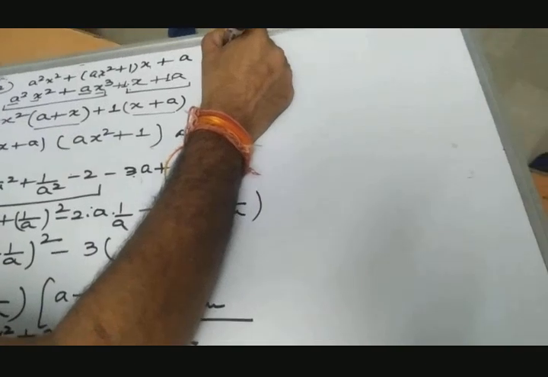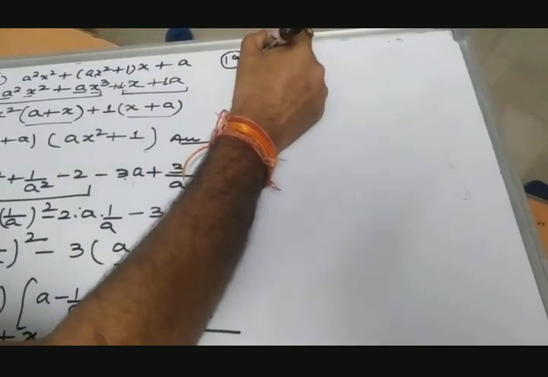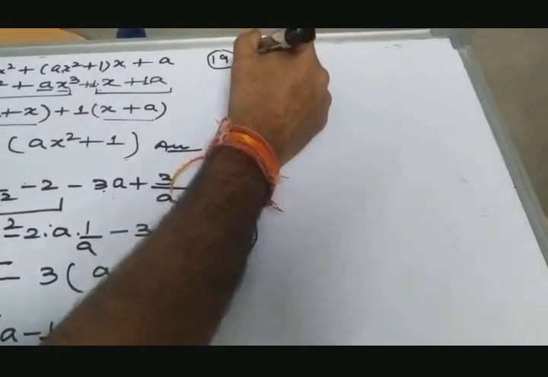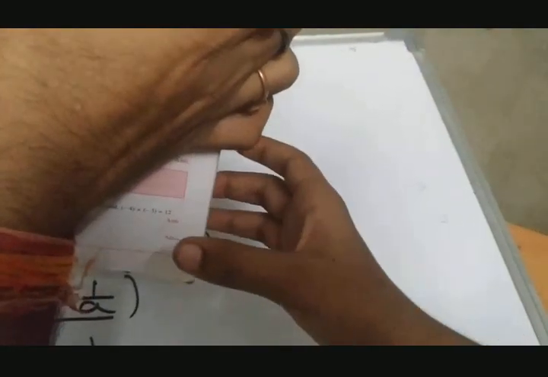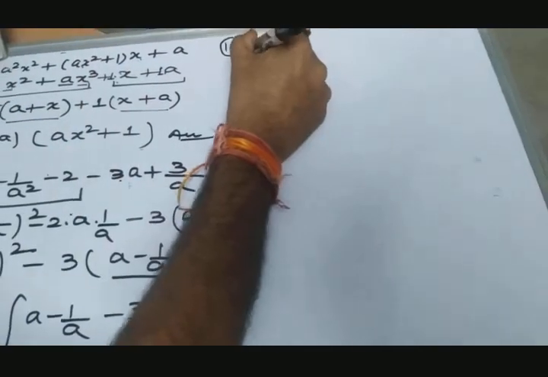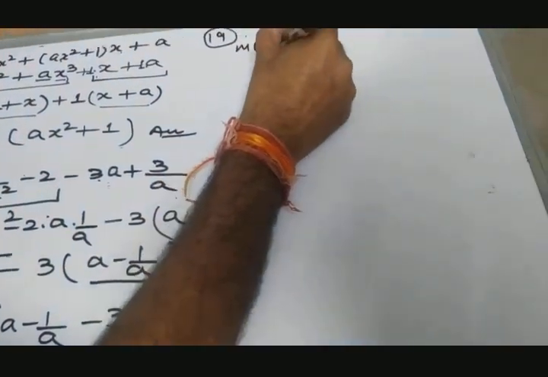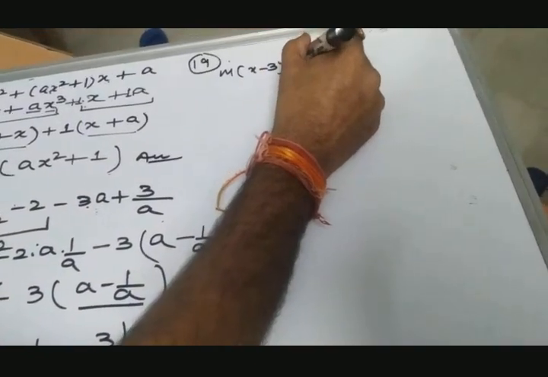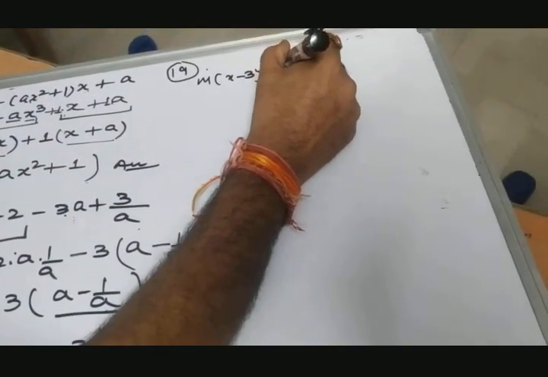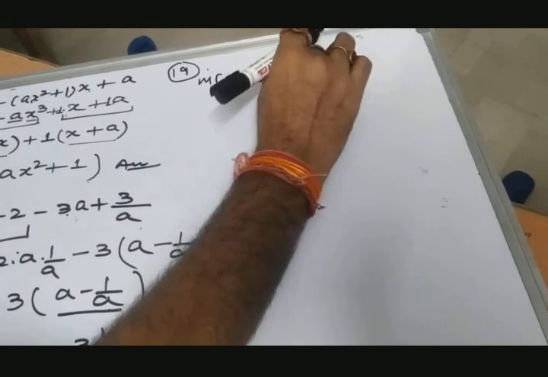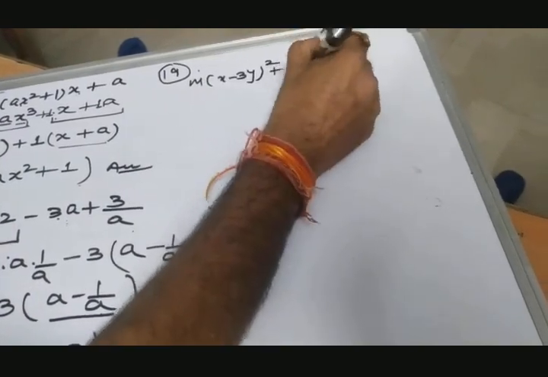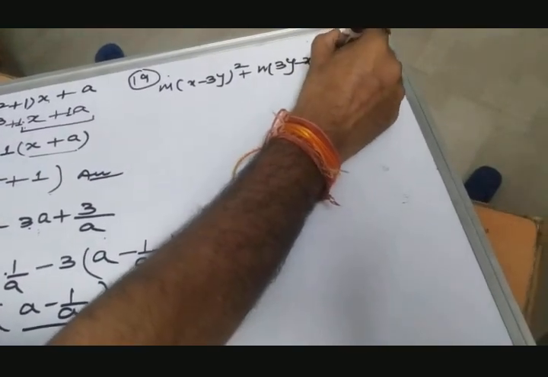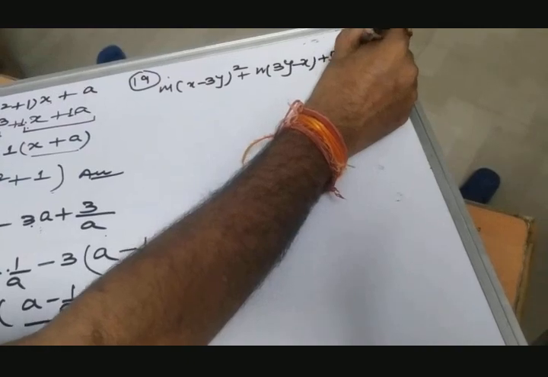Now question number 19. m into x minus 3y whole square, and 3y minus x plus 5x minus 15y.